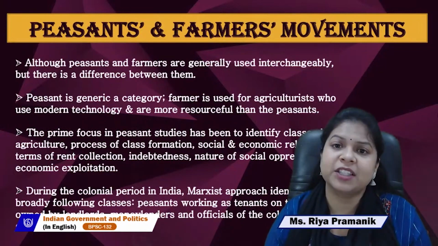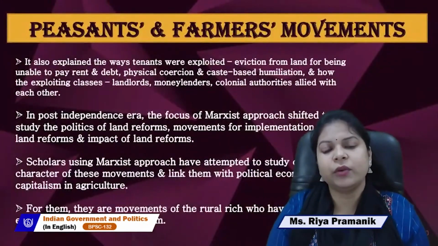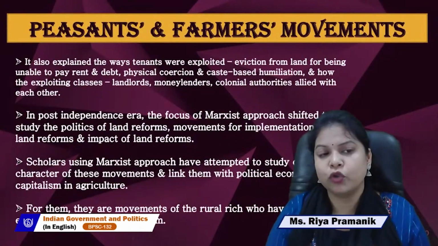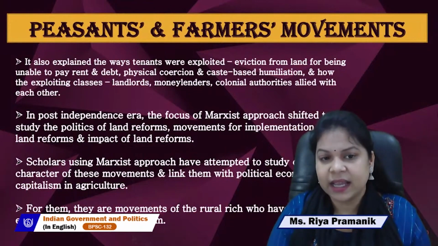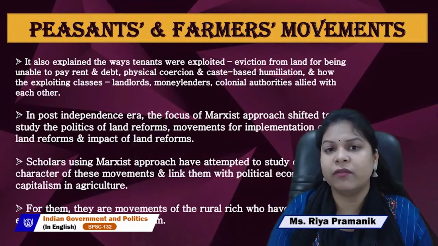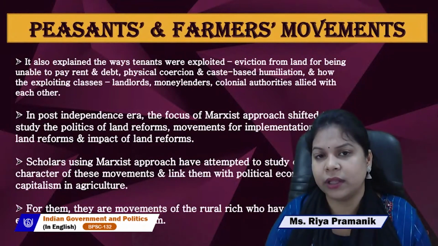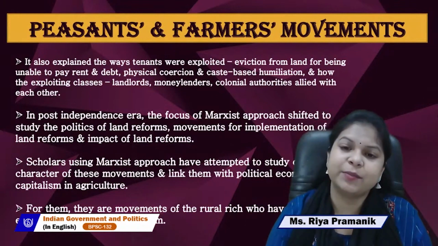So they used to exploit the poor. The Marxist approach also explained the ways tenants are exploited. They talk about the ways through which the landlords exploited the tenants working on their land. So how were they exploited?